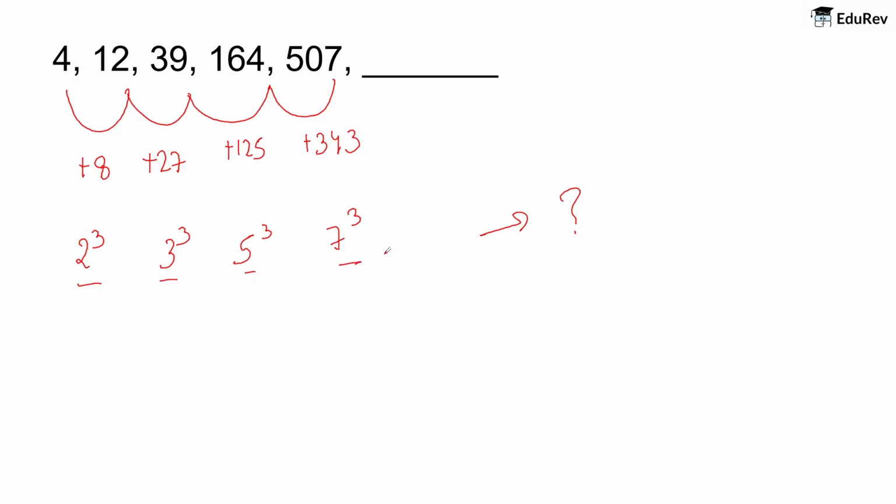So the next number will not be 9 cube, rather it will be plus 11 cube. Plus 11 cube is nothing but plus 1331, that is the cube of 11. So when you solve it, you get 1838 over here. So you can see how easy the question was, but the source of error was that many of us would have ignored this 2 cube over here and thought it was a series of cubes increasing in the order of odd numbers.